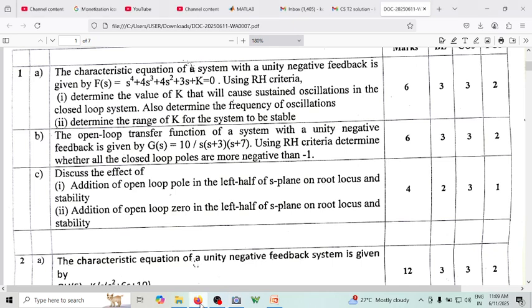So what is the next question? The next question is, what is the effect of addition of an open loop pole in the left hand side of the s plane on the root locus and stability? This is an open question.